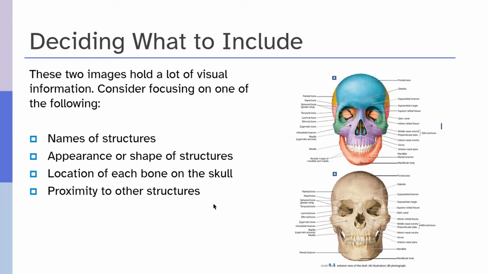So I've listed here some different things to think about to add to your alt text to make it more comprehensive. Instead of just labeling the parts, think about not only the names of the structures, but their appearance or shape, the location of each bone on the skull, or the proximity to other structures on the skull.